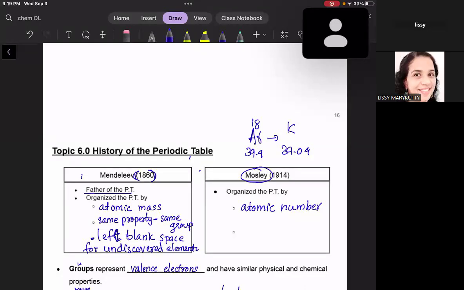He didn't change any elements, but he only changed the criterion used by Mendeleev from atomic mass to atomic number. And he also found that elements with the same property come in the same column.